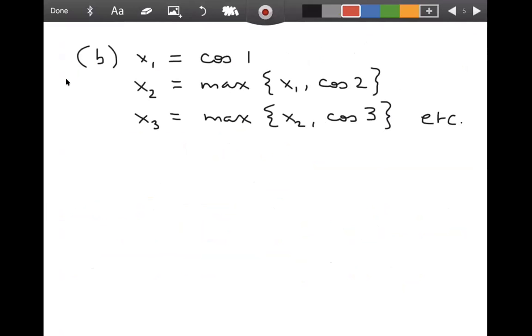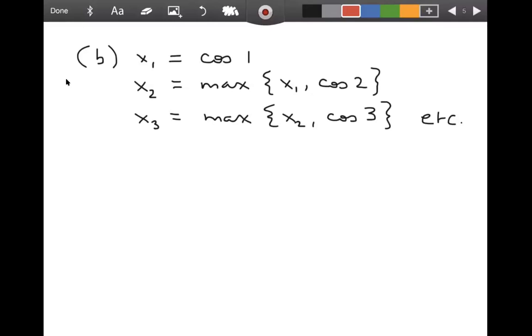Now, I'm definitely going to use the theorem for this problem. So this is a recursively defined sequence. So we get to show that one of those actually converges. Oh, spoiler alert, this one does converge. Now, is it clear that every term of this sequence is a cosine? All right.